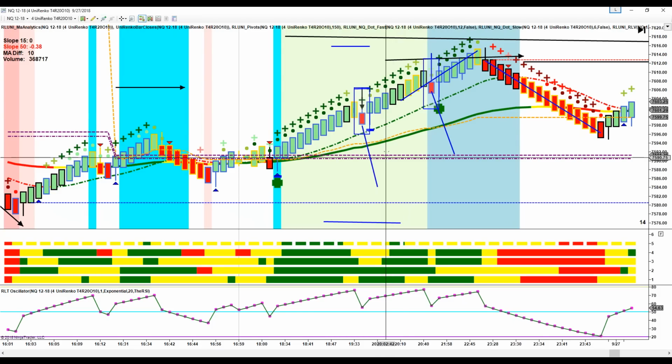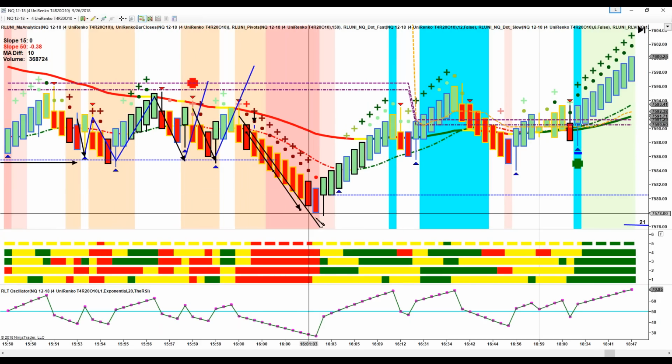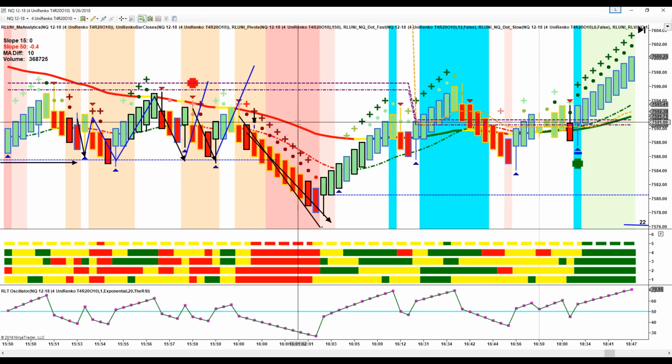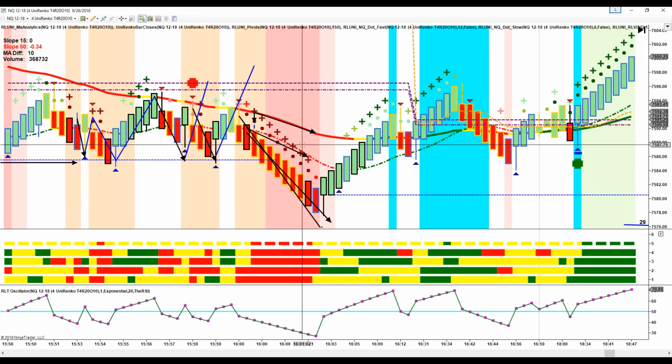Since you want to put all the odds in your favor, this modified 50 and modified 15 should be green on a long, and they should be red and red on a short, because these are an assessment of momentum, longer term time frame momentum, and you want to trade in their direction. This is essentially putting as much of the odds in your favor on a trade as you can.